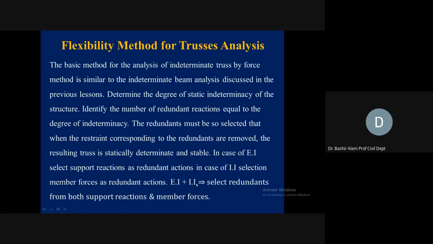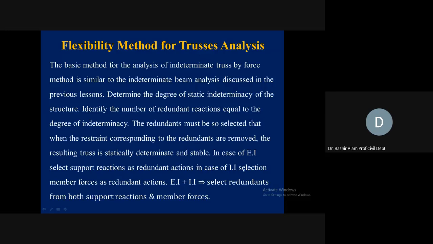Number of unknown support reactions, so it means it is relevant to the support reactions. So in case of external indeterminacy, select support reactions as redundant actions. So if a structure is externally indeterminate, we need to select support reactions as redundant actions.